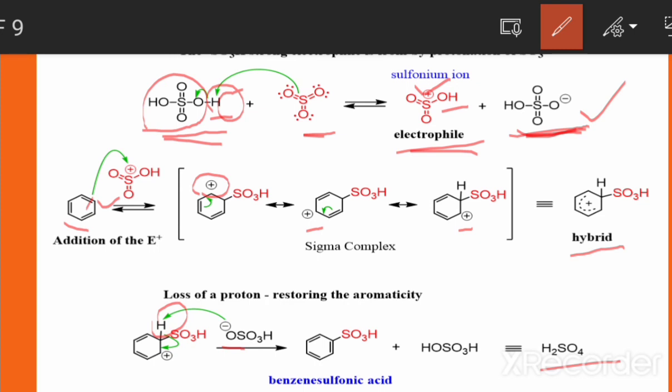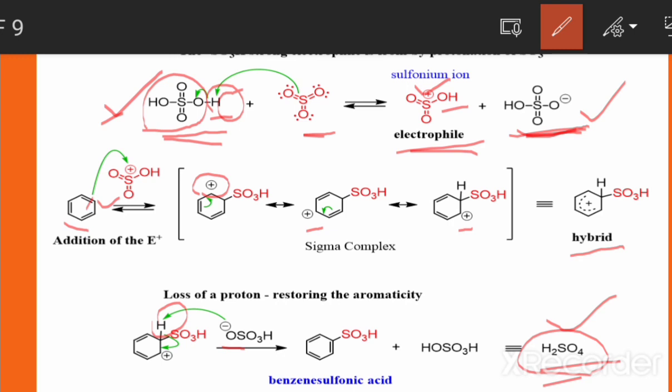Because when the reaction starts, we add the H2SO4, and at the end of the reaction we also gain H2SO4. Because of this, the starting and the end point are the same, and it acts as a catalyst.